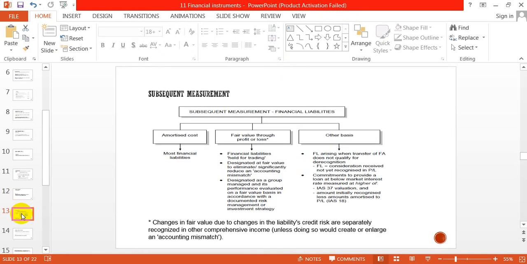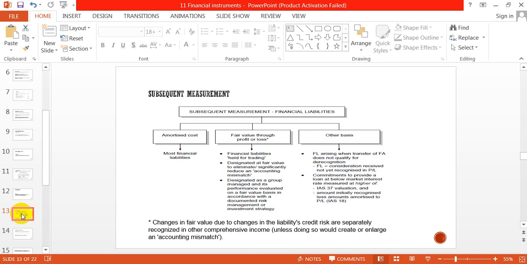Equally, the financial liability also has subsequent measurement. Subsequent measurement, just like the financial asset, will also depend on some criteria. Most financial liabilities are measured at amortized cost.